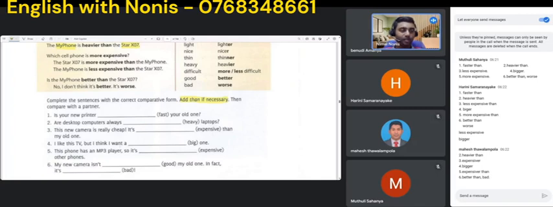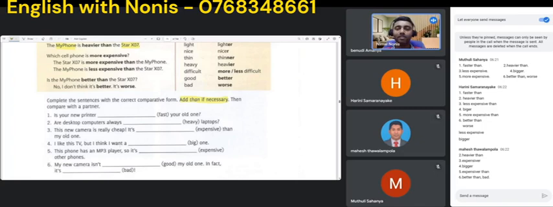Circular: heavier than, expensive, bigger, expensive than, better than, bad. Yeah, circular, couple of mistakes are there. Let's see what those mistakes are. Expensive, there is no word called expensive. We say more expensive.